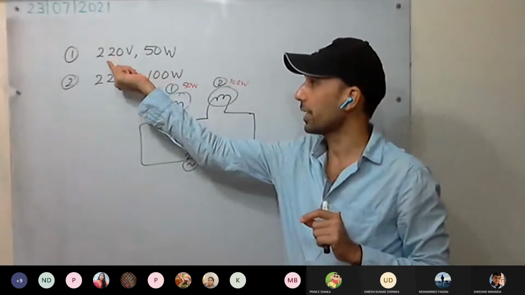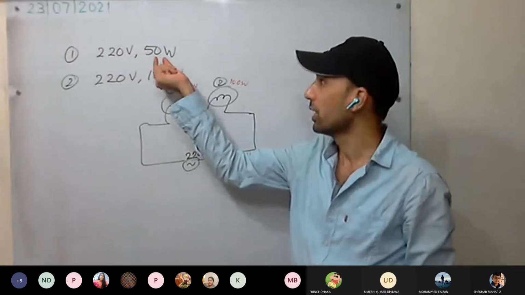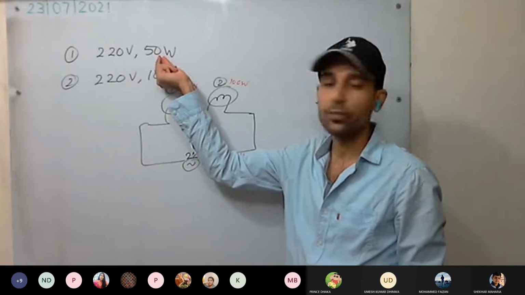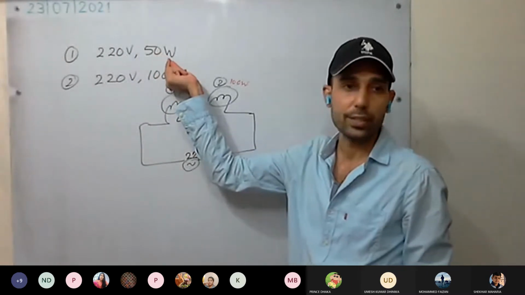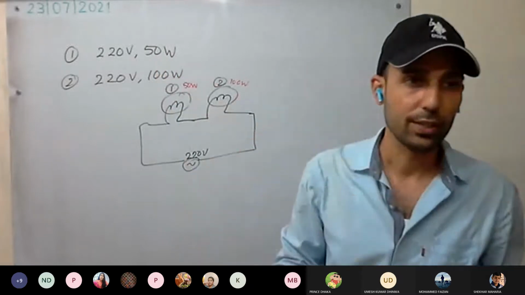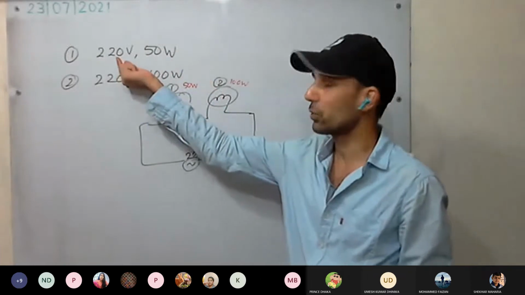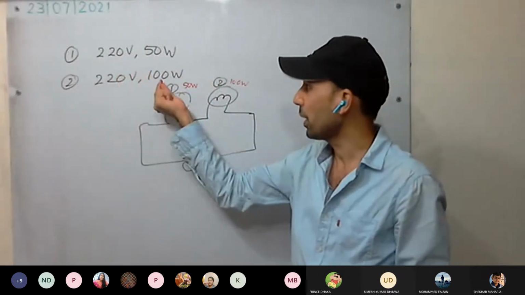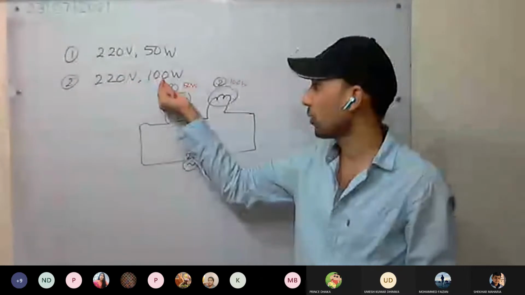Whenever this bulb is connected across a potential difference of 220 volt, how much power will it consume? 50 watt. The power consumed by the bulb will be 50 watt when it is connected across 220 volt. And this bulb will consume 100 watt.